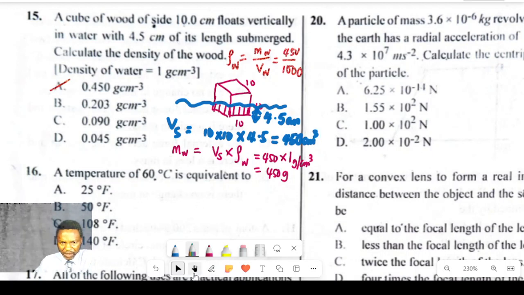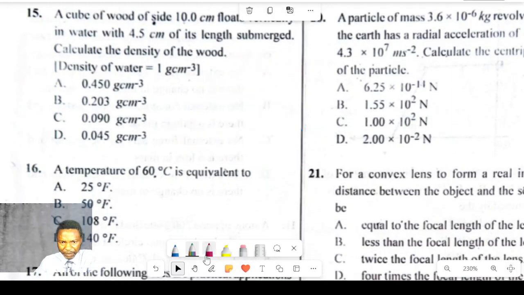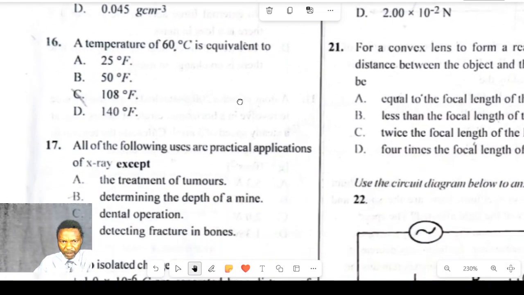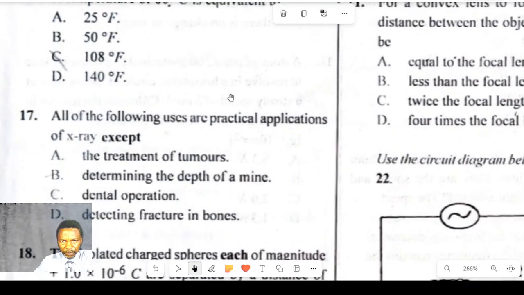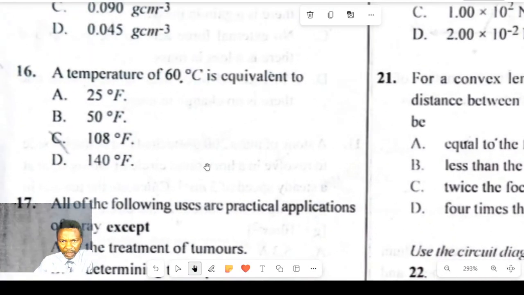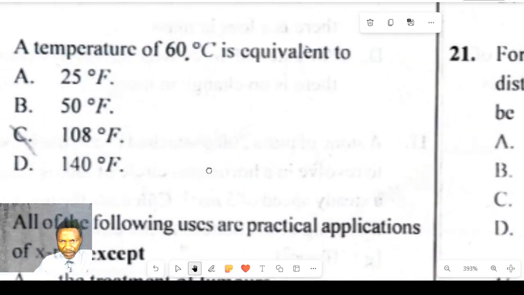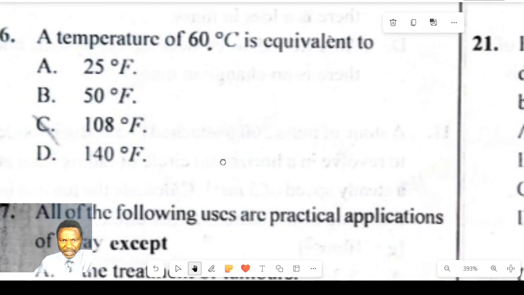All right, so let's go to question number 16. Let me make it wider for us to see. The temperature equivalent, so converting from Celsius to Fahrenheit.